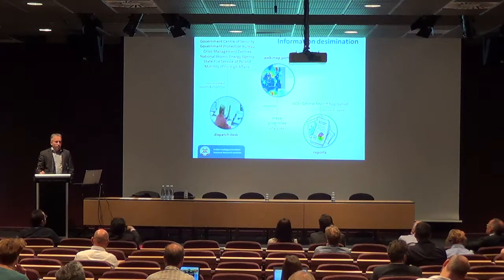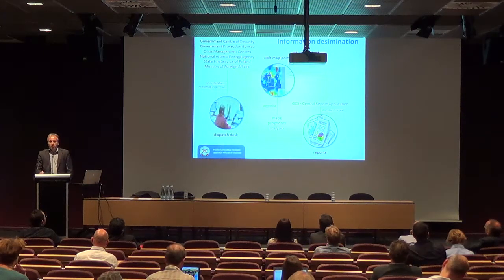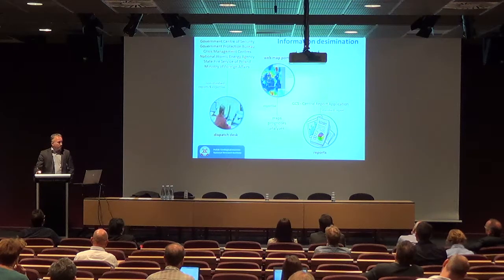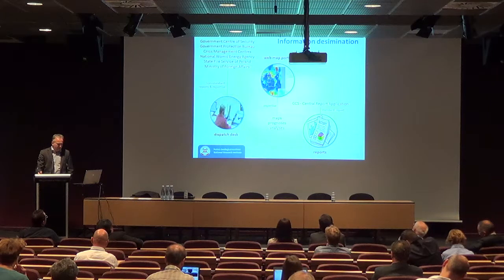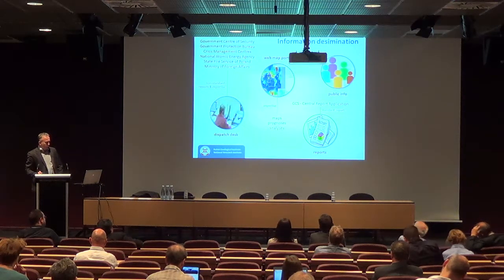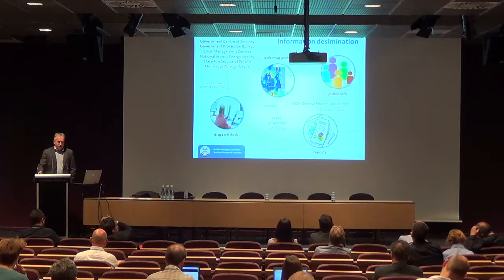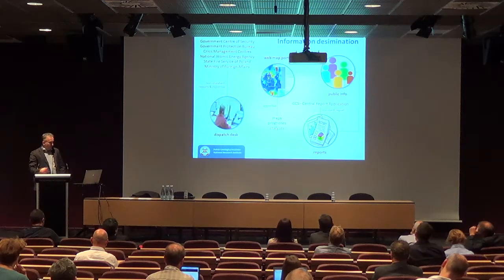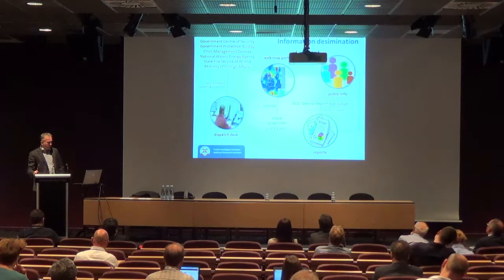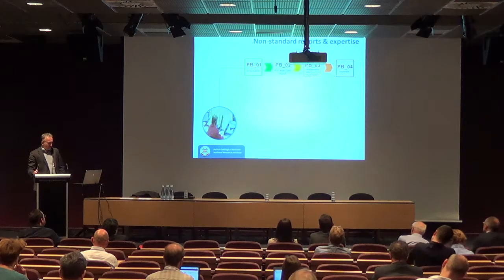Of course, we have the reports, as I mentioned before, and those reports are part of the central report application. Both of those elements are publicly available. So those are the elements of the system.